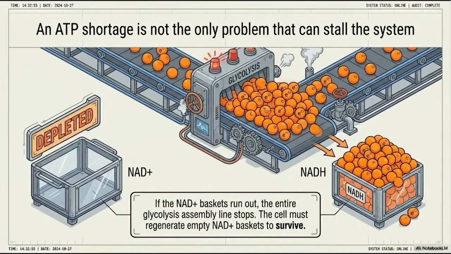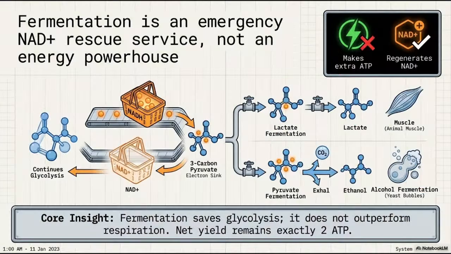If the NAD basket runs out, the entire glycolysis assembly line will stop, definitely will stop. That is telling you that the cell must stop and regenerate, empty the NADH basket so as to be able to drive the basket to survive. So that is, an ATP shortage, which I said is never the only problem.